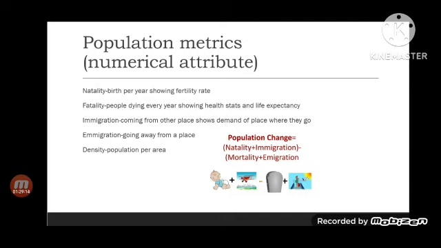So what are the reproductive problems? Reproduction is necessary for the continuity of the species, to give rise to new life.